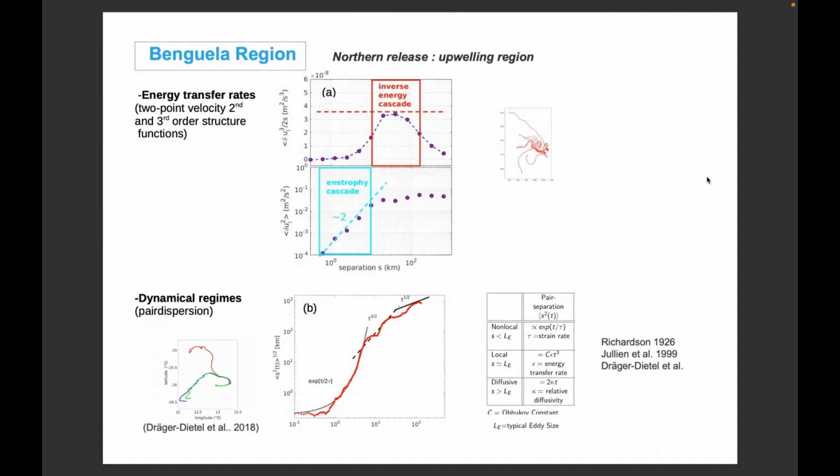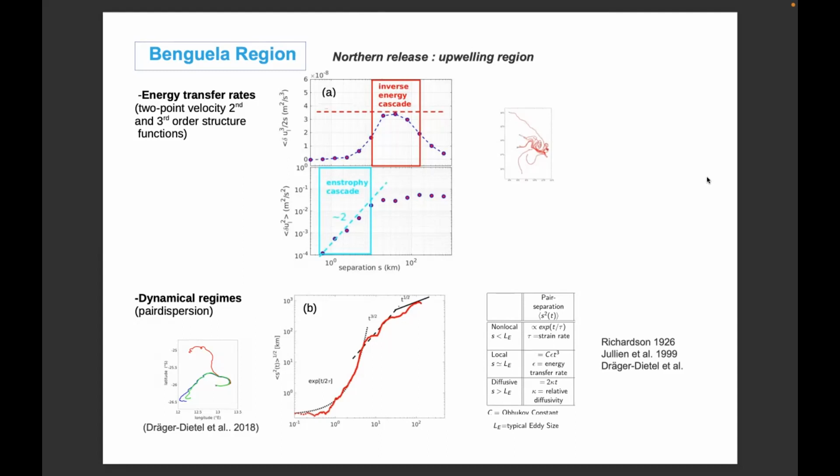It's surprising because it's only a handful of drifters, 12. But one has to be aware that we look at each combination, all pairs, and it's a very high temporal resolution. So we have 500,000 values, although we have only 12 drifters. But also the entropy cascade is met here.